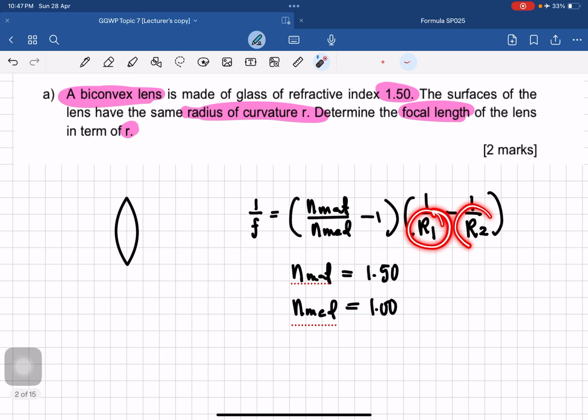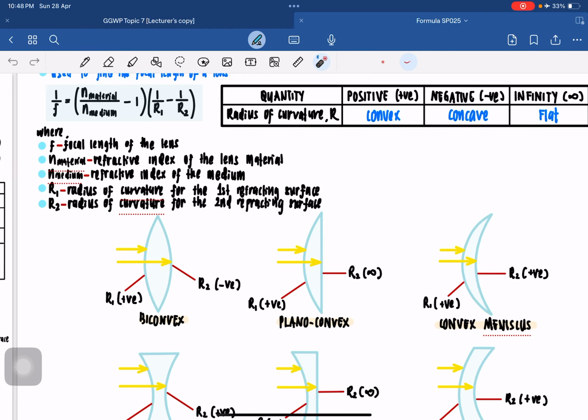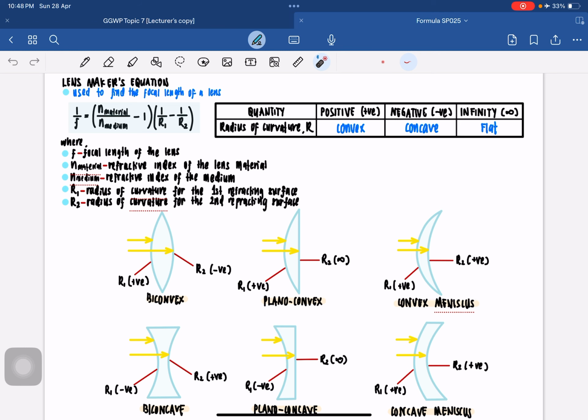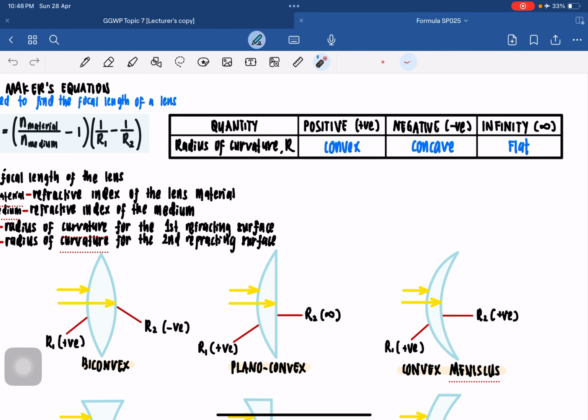So now we need to know R1 and R2. They have specifically mentioned here that the radius of curvature is the same. But then you have to understand these two have a sign convention. So how do we decide the sign convention? If you refer to my formula sheet, I have simplified it here. The radius of curvature will always be positive if the light meets a convex surface.